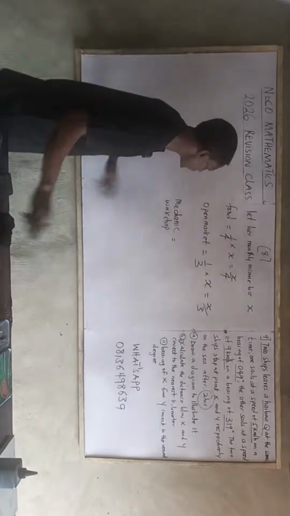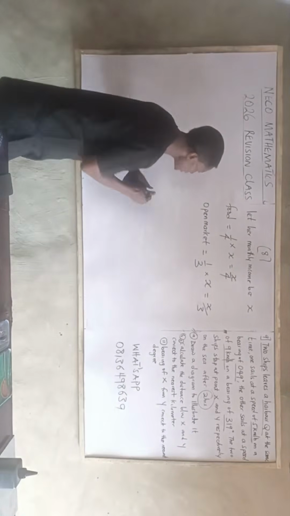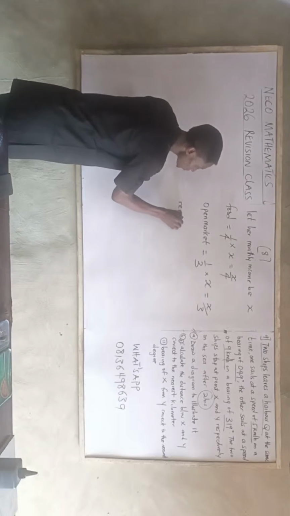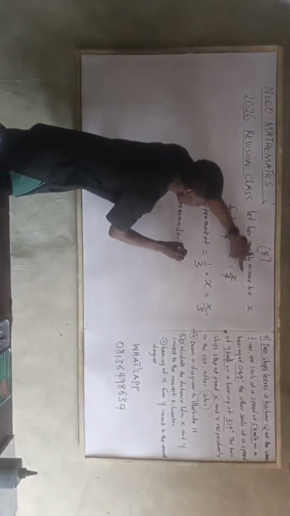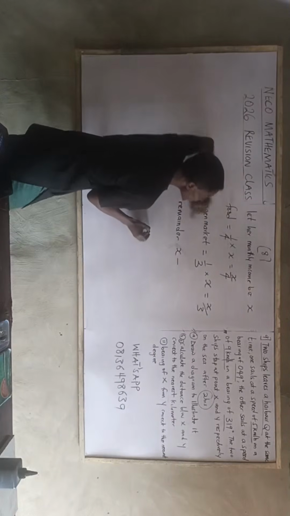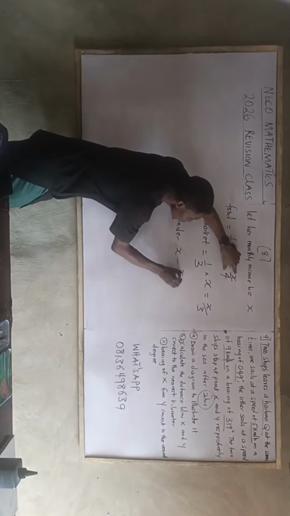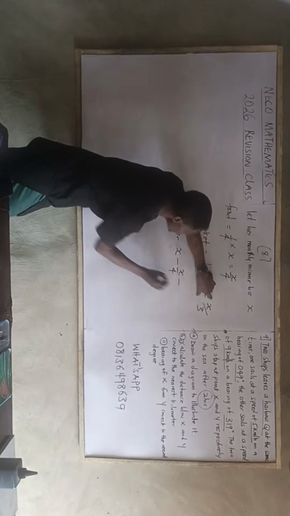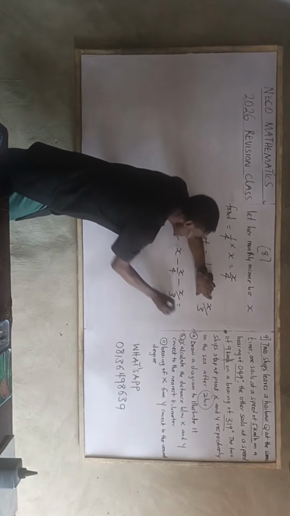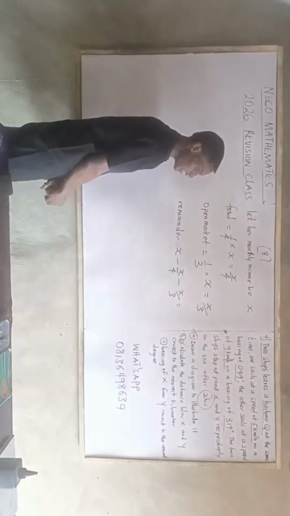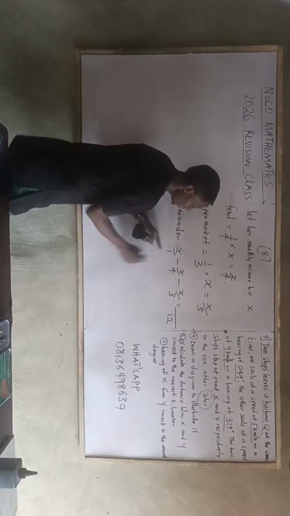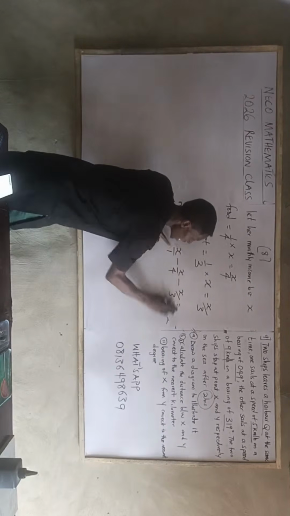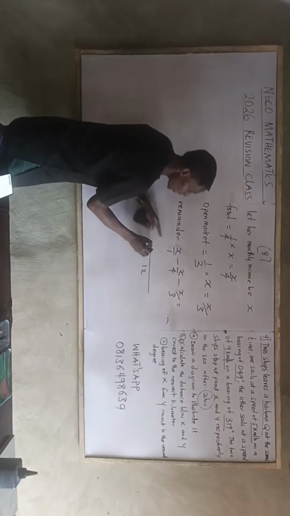Meaning, let's get the remainder first of all. Let me say remainder will be the initial value, which was X, minus the amount she spent on food, minus the amount she spent on open market. Then that will give us the remainder. Isn't that interesting? So I'm going to put X over 1. The LCM here gives me 12.